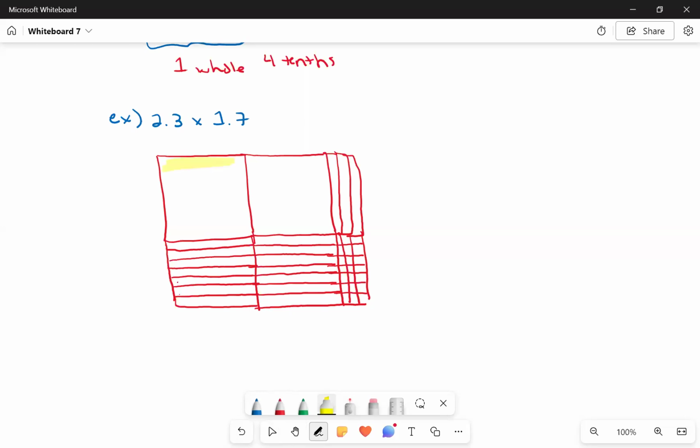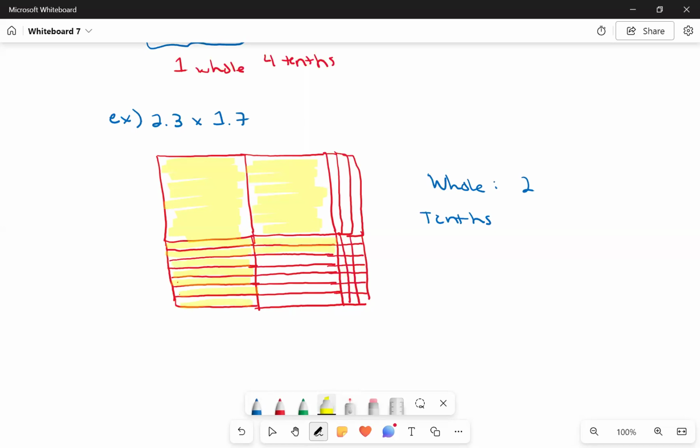So I have two whole numbers. Two. Okay. So for the tenths, when I count them up, let's see. There are 7 here. So then there would be another 7.